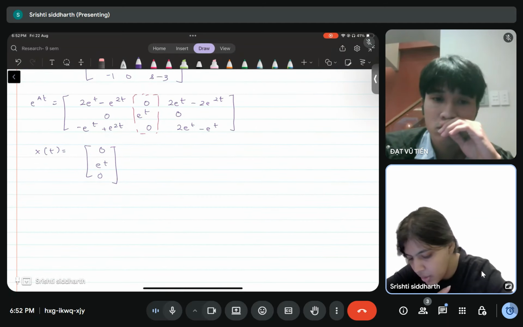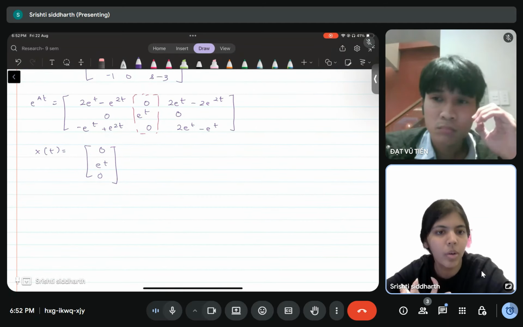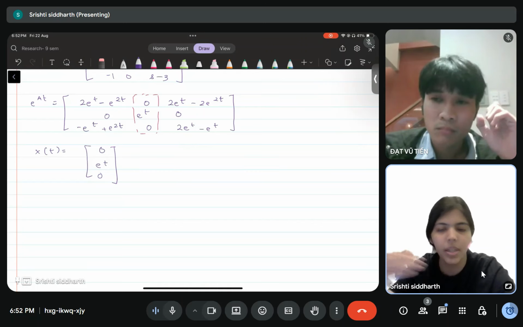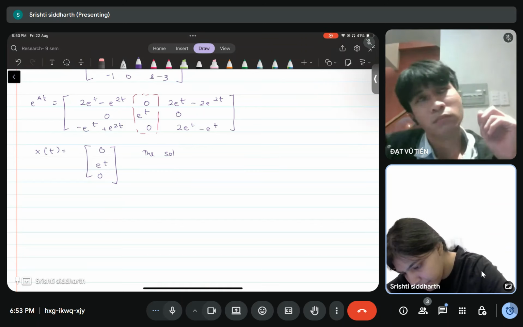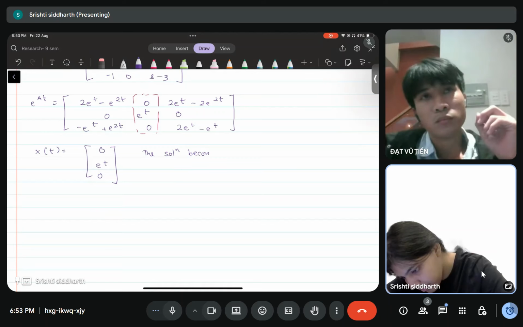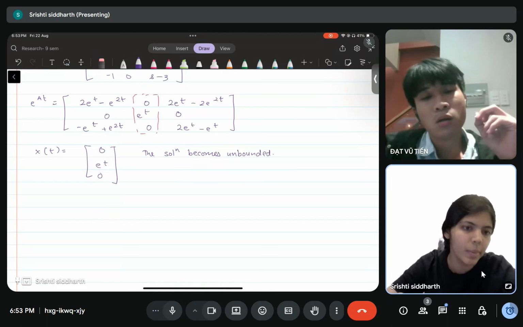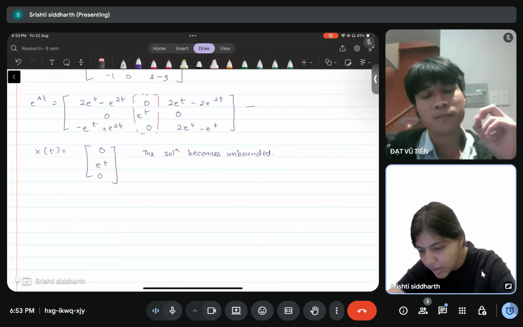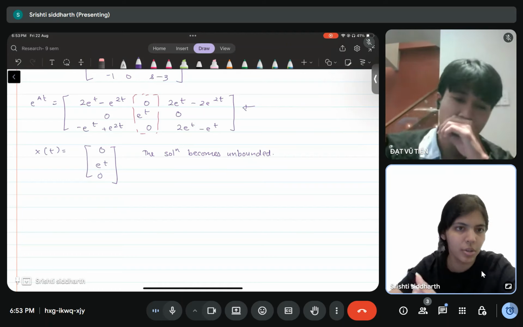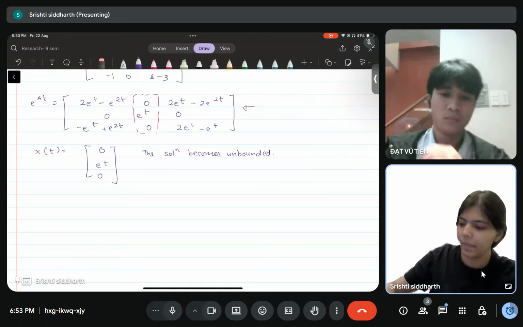This means that the solution would become unbounded after some time, right? It would just keep on increasing. So you can either check stability from the eigenvalues, or sometimes it's also evident when you can actually compute the state transition matrix.